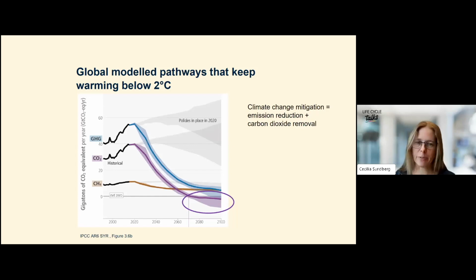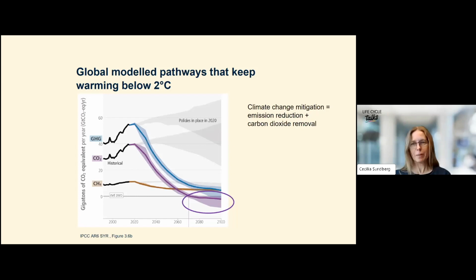And as we can see from these curves, carbon dioxide needs to be reduced to zero, and even towards the end of this century below zero, as per the modeled pathways that can keep global warming below 2 degrees.